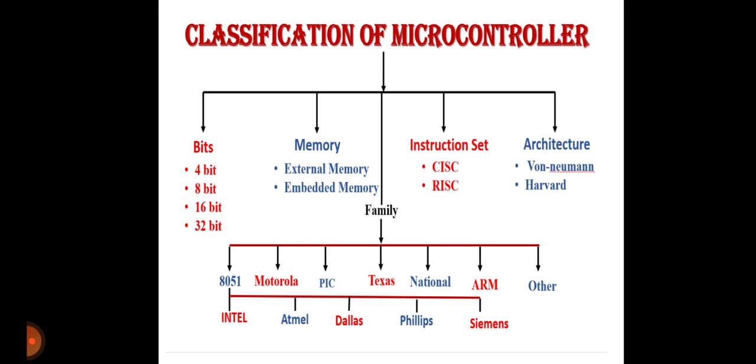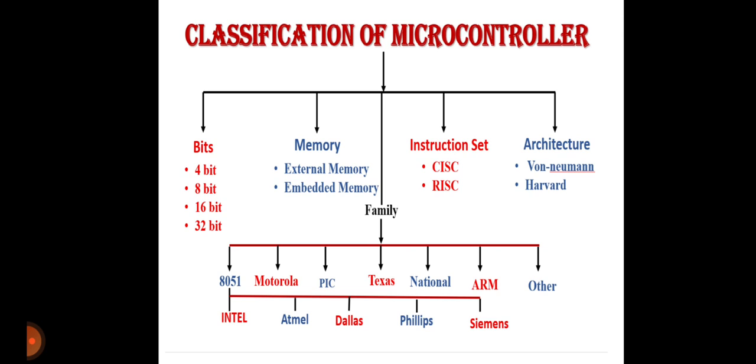According to memory it is divided into two types, external memory and embedded memory. In instruction set it is divided into two types, RISC and CISC. By architecture it is divided into two types, von Neumann architecture and Harvard architecture.